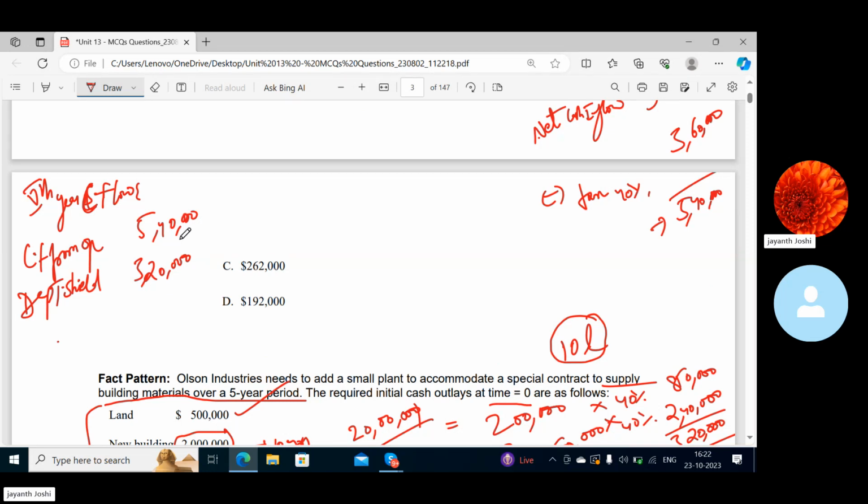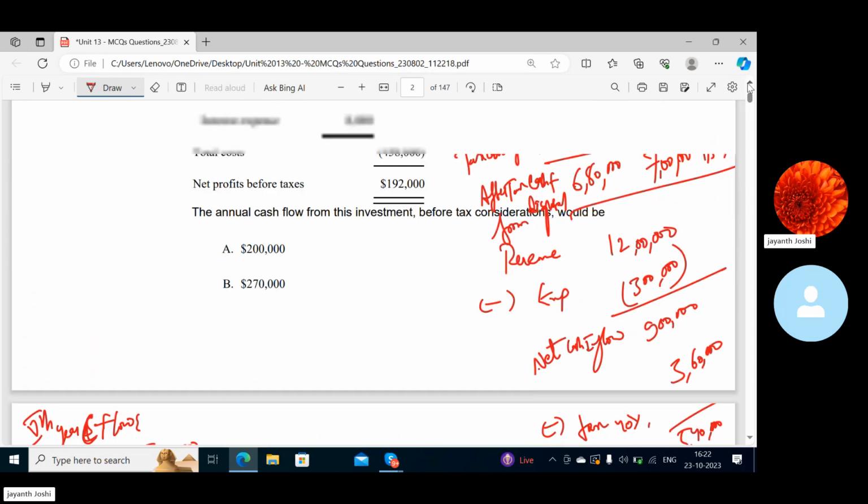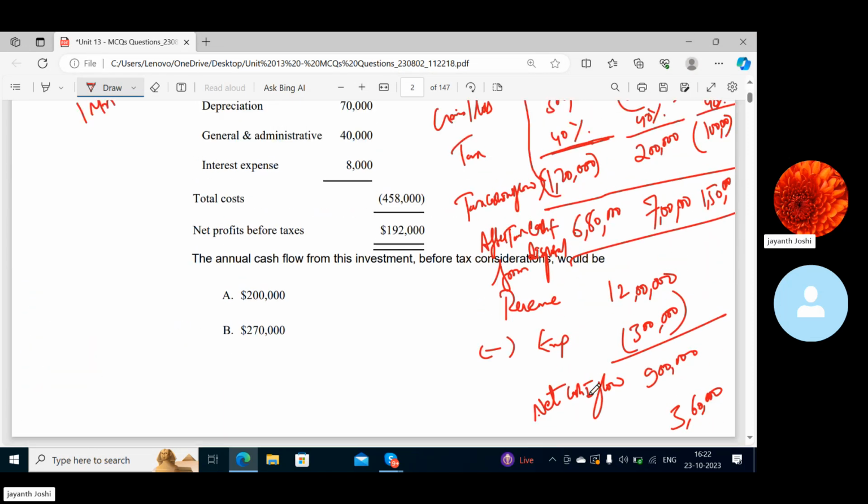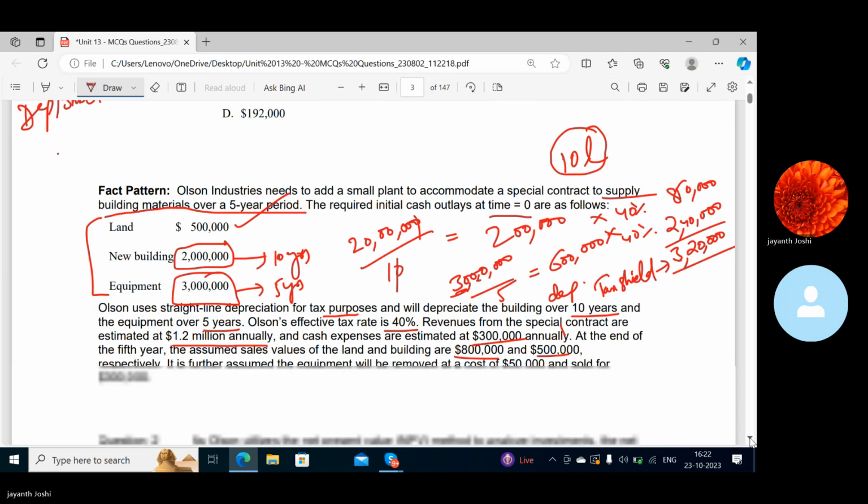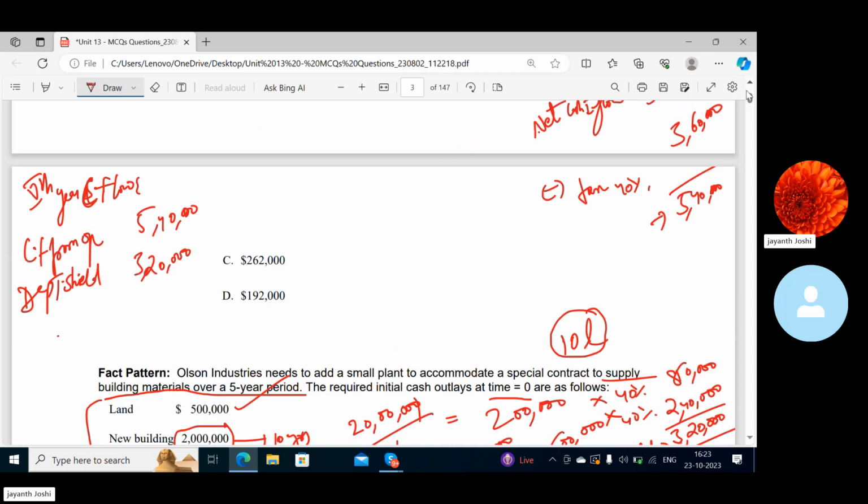Then from the sale of land, and then netting the tax from that. What are the cash flows you got after tax cash flow from disposal? 6 lakh 80, 7 lakh and 150, right? Yes. After tax cash from disposal of assets.